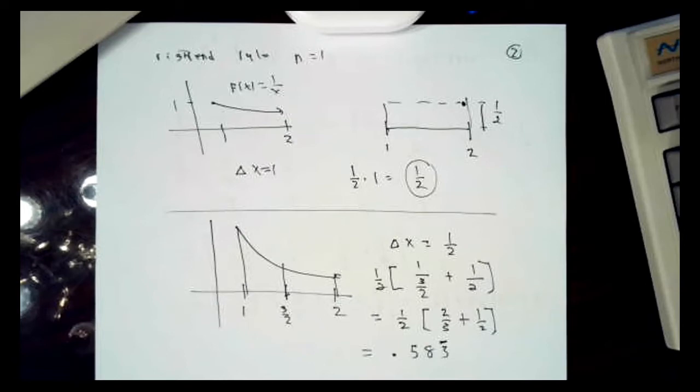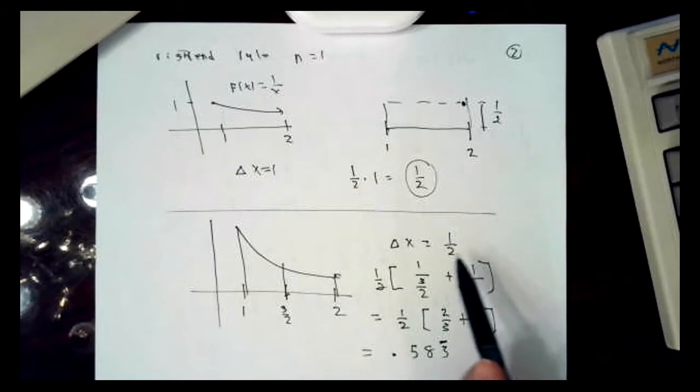If I have two subintervals, I'll take the interval from 1 to 2, which is of length 1, I'll cut that in half. My delta x will be 1/2 now. In contrast to what we did before, we now have two subintervals. There are two right ends to worry about.